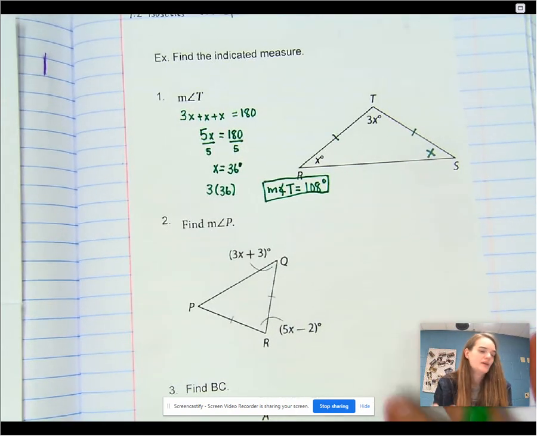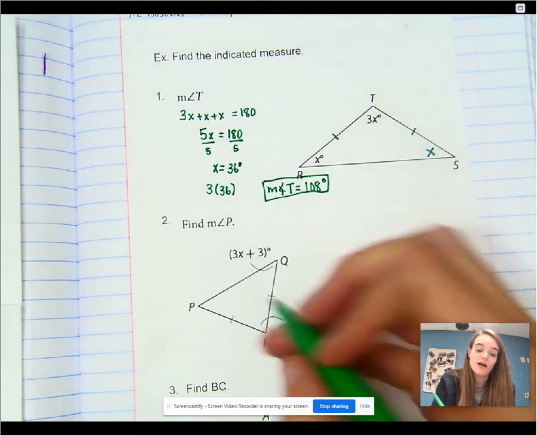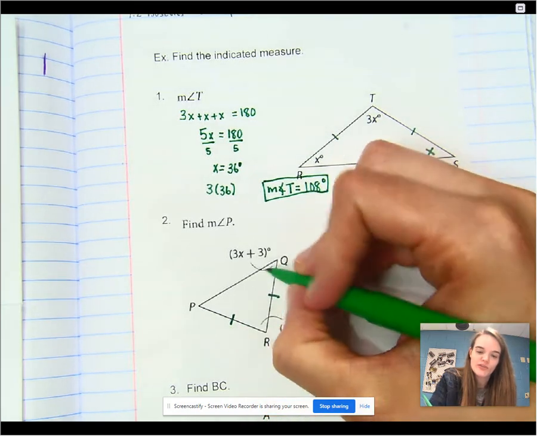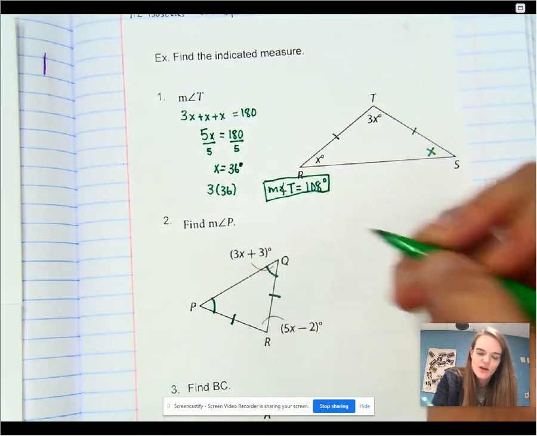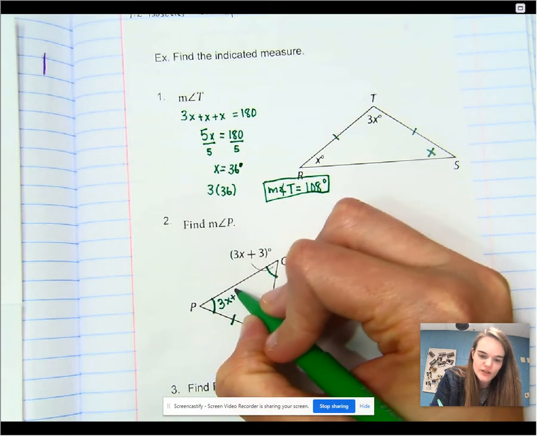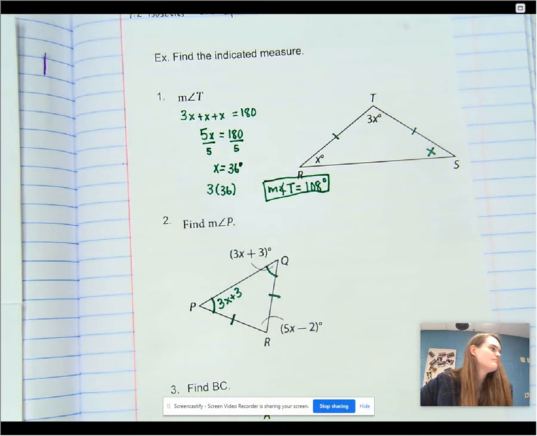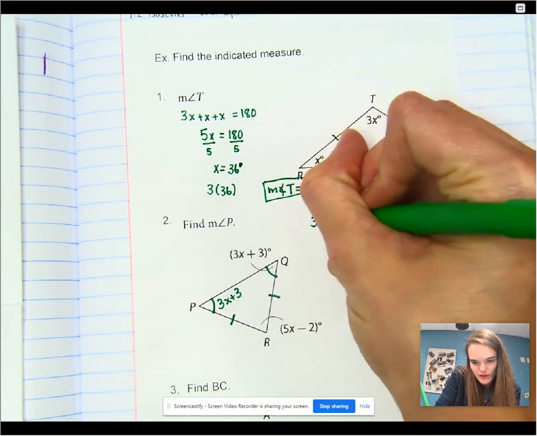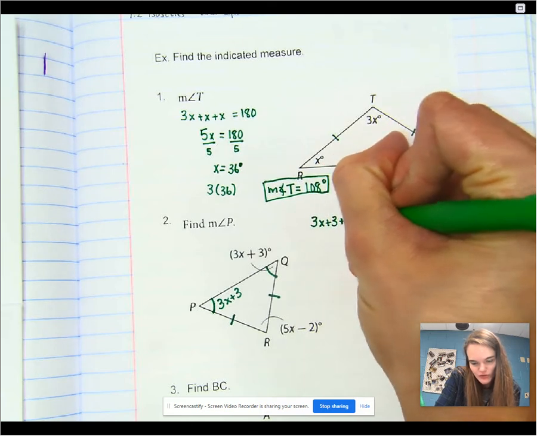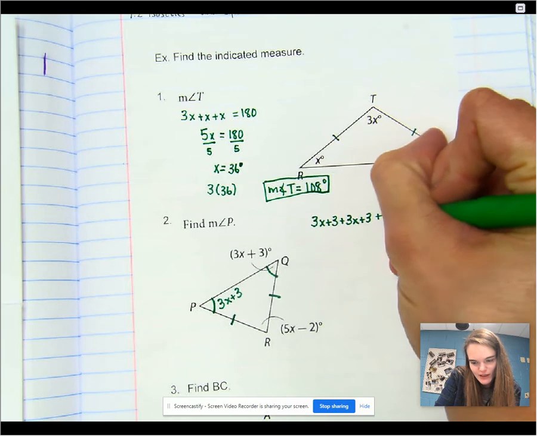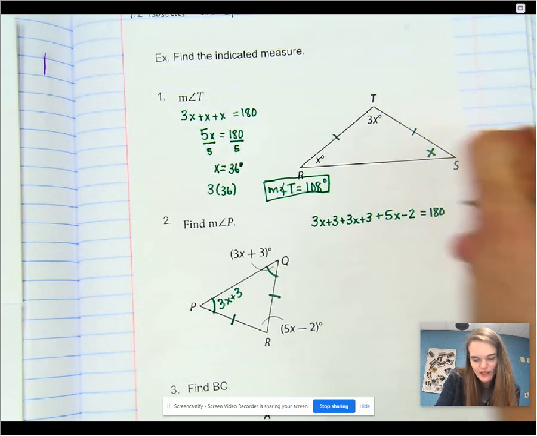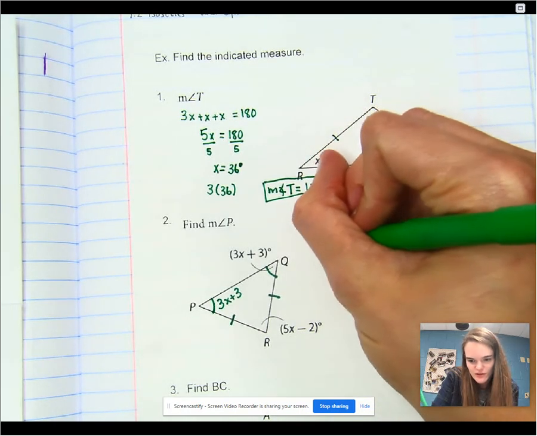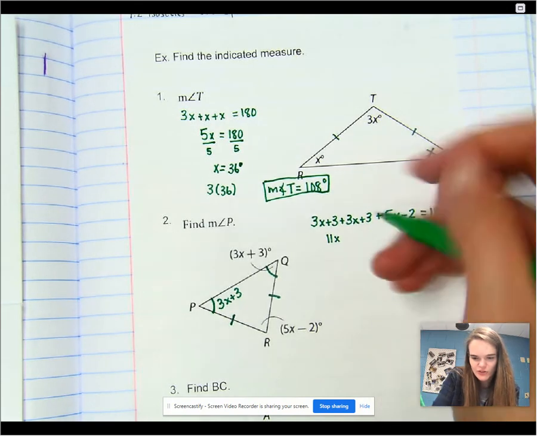Measure of angle P. Okay, this is what I meant by the base is not always the bottom. It's the ones that are not in between the congruent sides. So the base angles are here, which means P is also 3X plus 3. We are looking for P. We're going to set up just like we did: 3X plus 3 plus 3X plus 3 plus 5X minus 2 equals 180. 3 plus 3 is 6, and 11X. 6 minus 2 is 4.